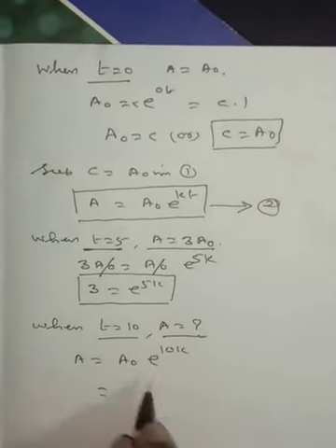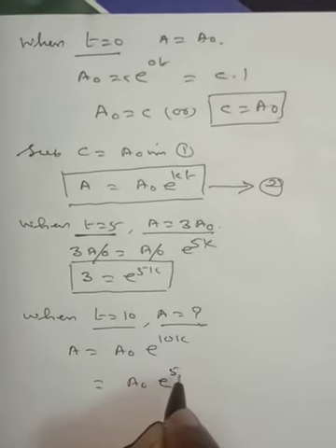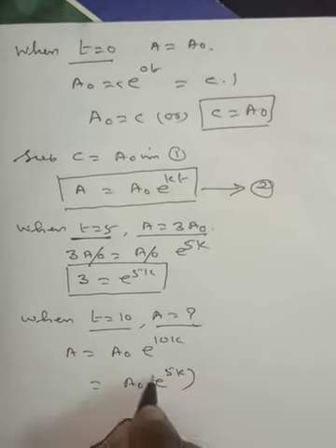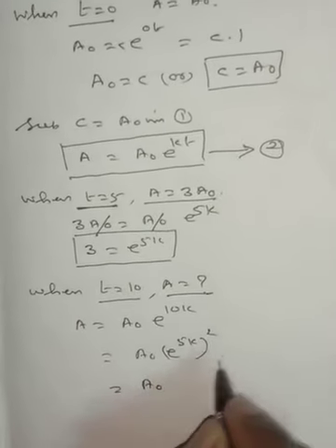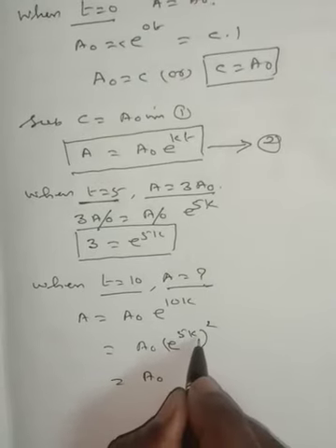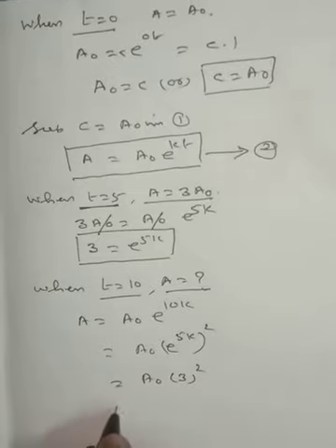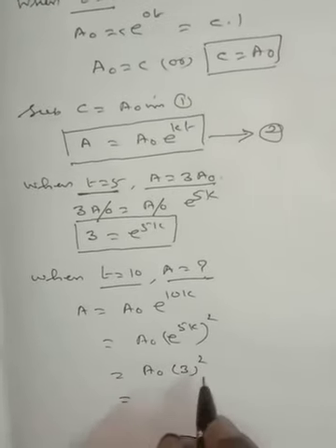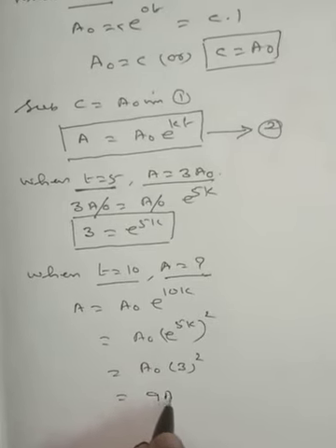This can be written as A naught into e to the power of 5k whole square. e to the power of 5k is 3, so 3 square is 9, 9 A naught.